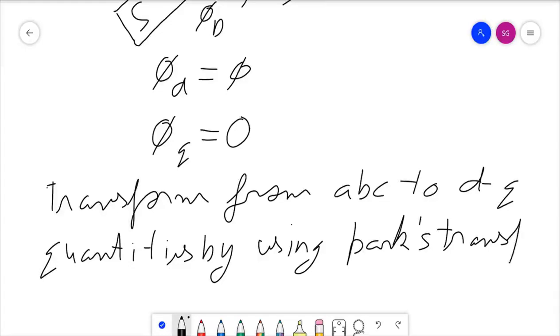This Park's transform will keep on coming in your future syllabuses. So we will not go into detail on this, but you can always refer to books to understand the mathematical relation between your A phase, B phase, C phase quantities and your DQ quantity.